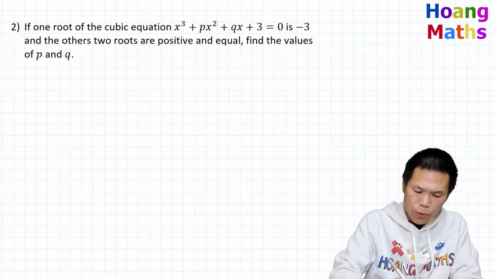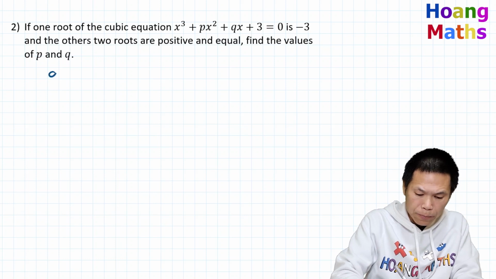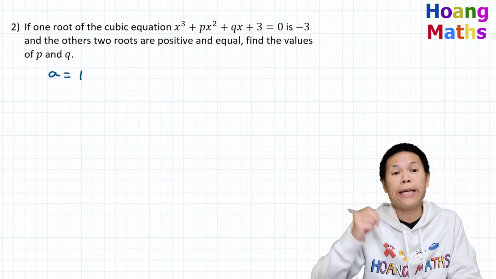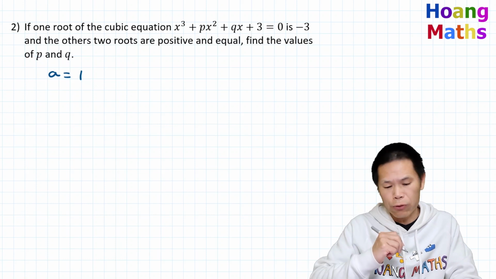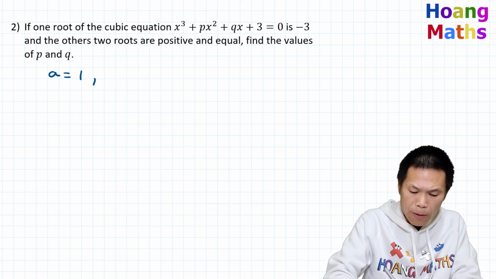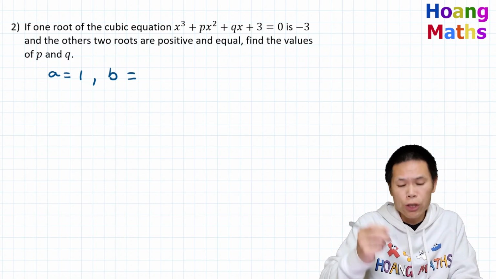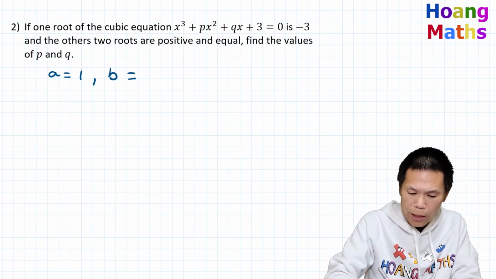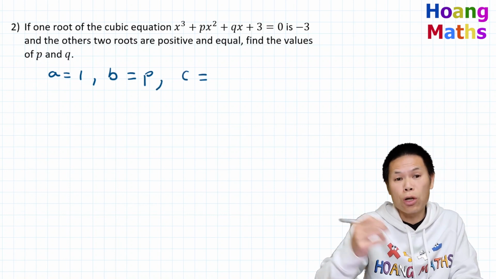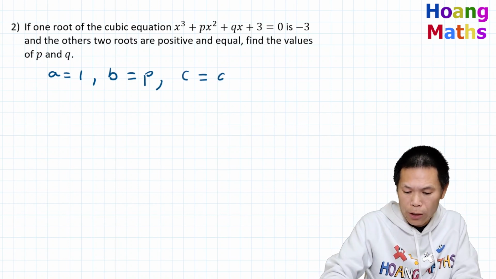So first of all, we know that a is 1, because a is the coefficient of x to the power of 3. And then b is equal to p, because b is the coefficient of x squared. And c is equal to the coefficient of x, so that is q.